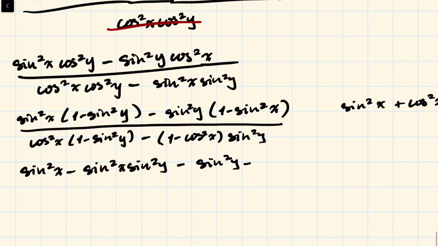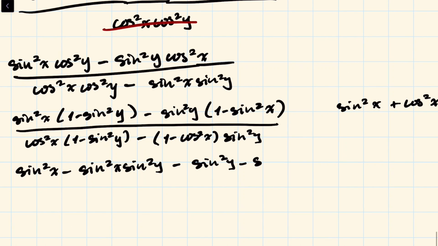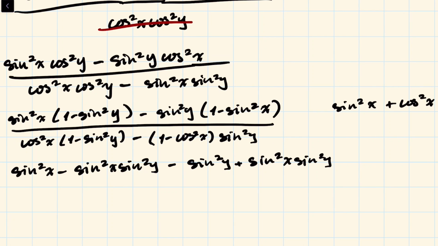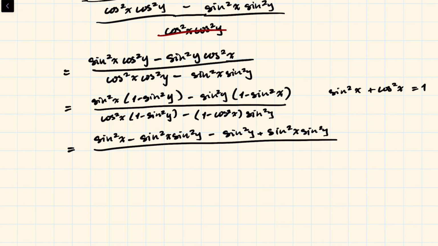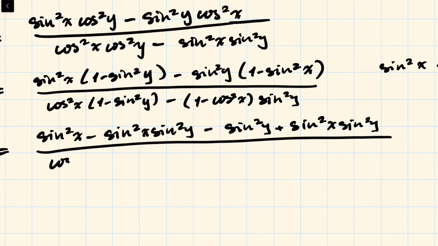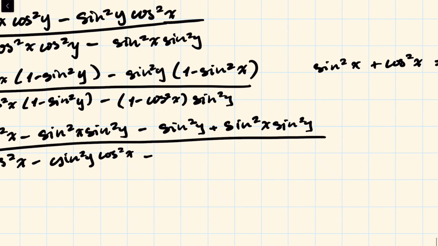Minus sine squared y, minus, or it's actually plus sine squared x sine squared y. Yeah, that's correct. Okay. So that's all over cos squared x minus sine squared y cos squared x, minus sine squared y plus sine squared y cos squared x.